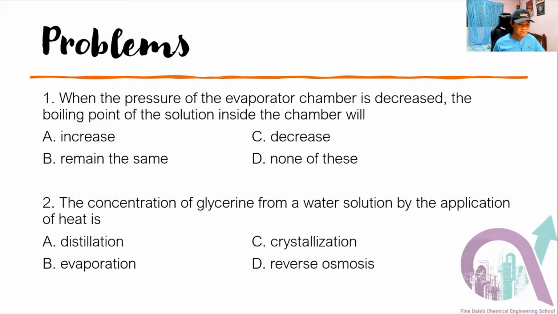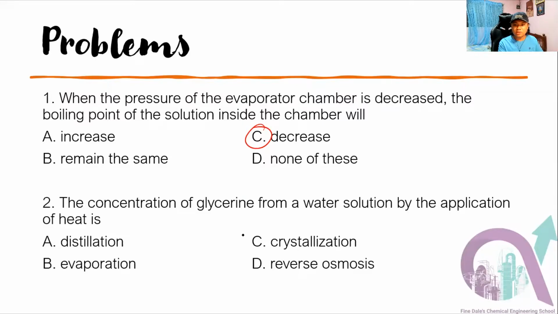The pressure in the evaporator chamber is decreased. Boiling point: pressure and temperature are directly proportional. So if you lower the pressure, of course, the boiling point of the solution also will decrease.